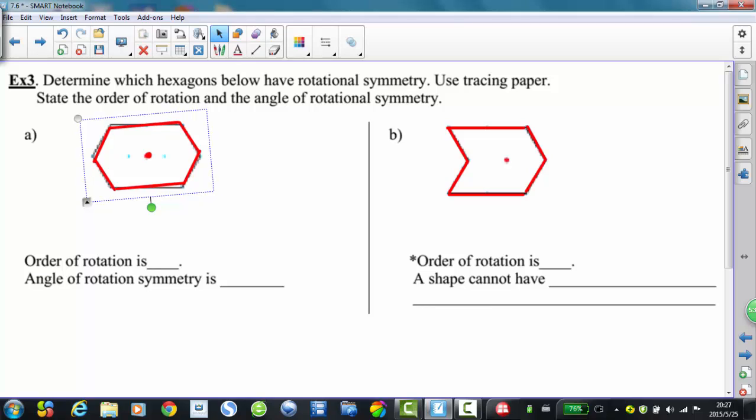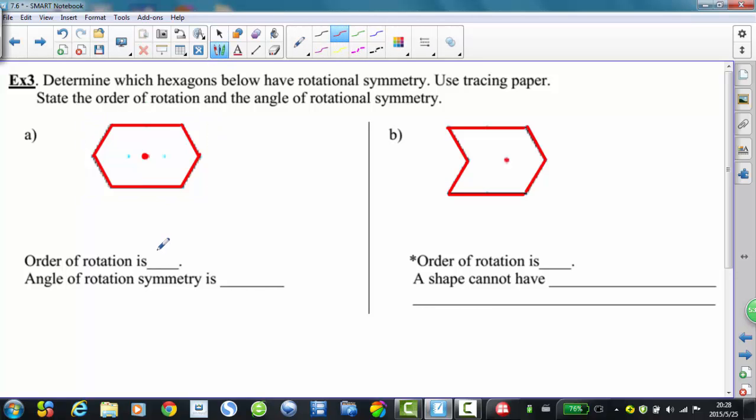This is 180 degrees. I find with 180 degrees, this hexagon can coincide with itself. So let's rotate another 90, 270. It does not coincide with itself. 360 degrees. So this one coincides with itself 2 times in one rotation.